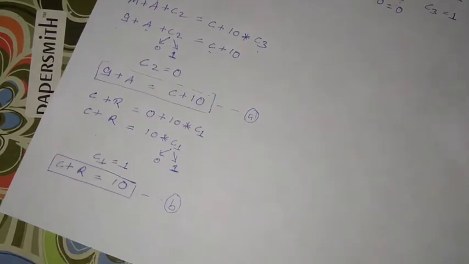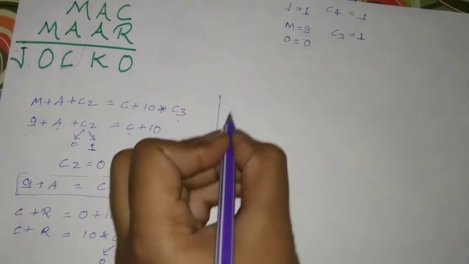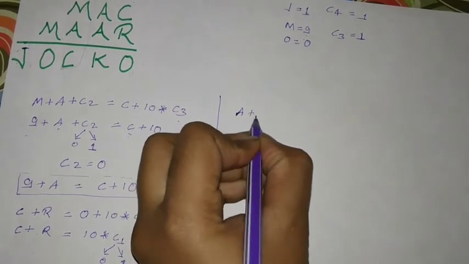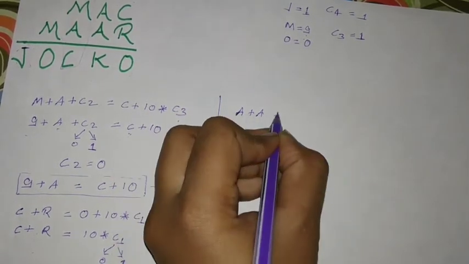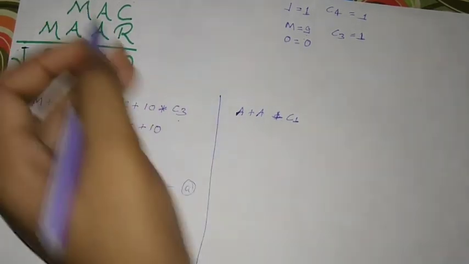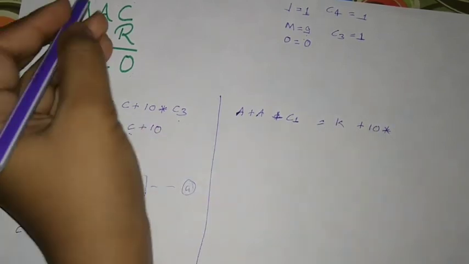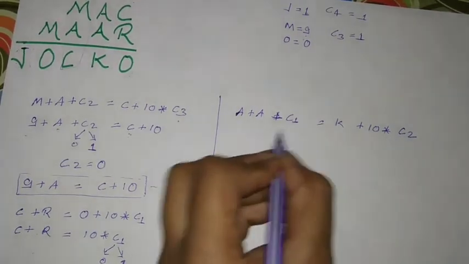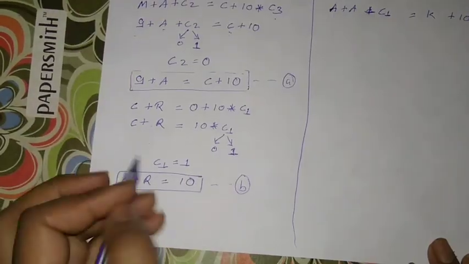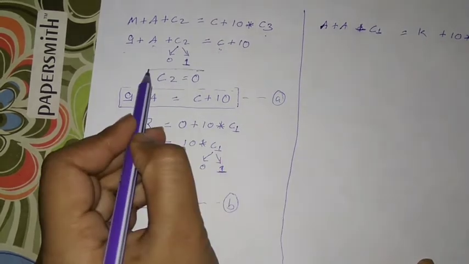Now we make another equation for this column, that is A plus A plus carry C1 equal to K plus 10 into carry C2. Here we already found that the value of C1 is 1 and the value of C2 is 0.